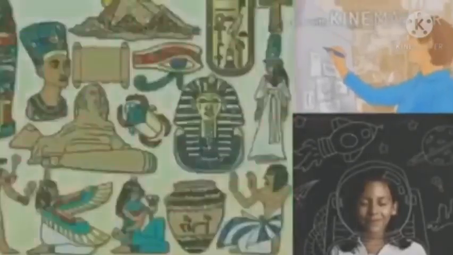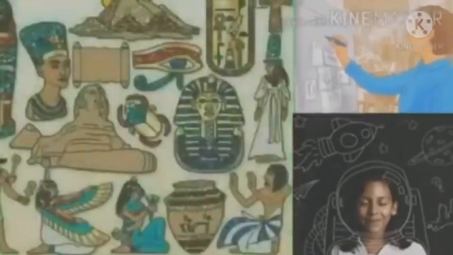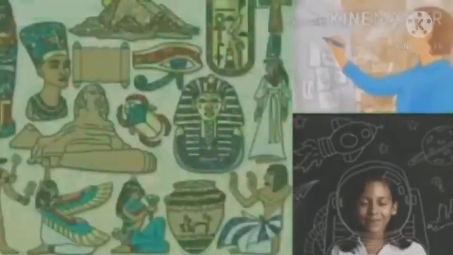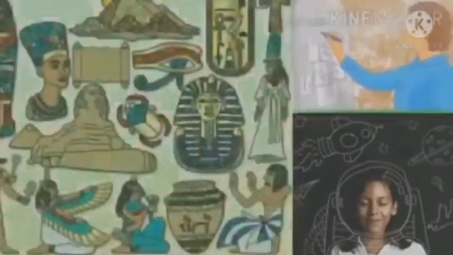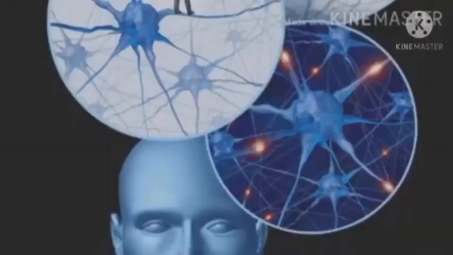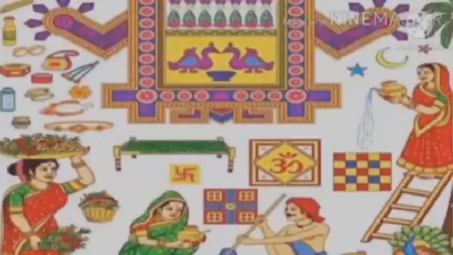Whenever direct sources are not available, they need to make assumptions, it means imaginations, based on available sources. Sometimes historians assume the situation. For example, the celebration of Diwali in the time of the Rajputs.